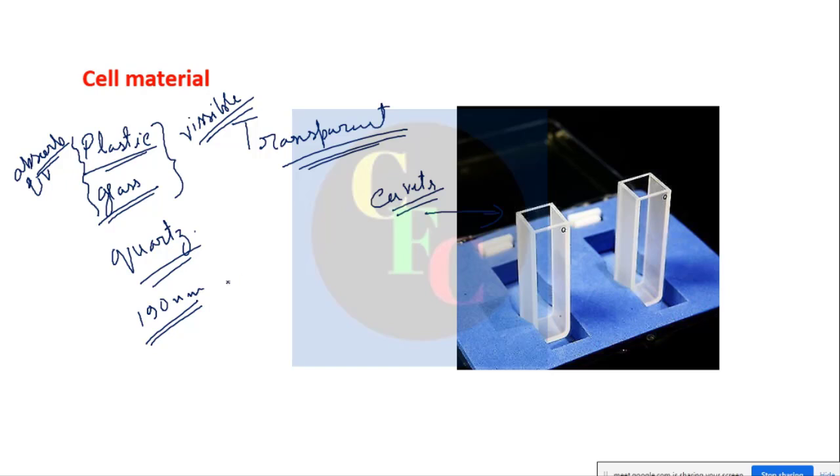So we have a long range of UV spectroscopy that can be done with quartz cuvettes. You do not need to worry about all these things, because mostly our organic compounds absorb above this region, right?